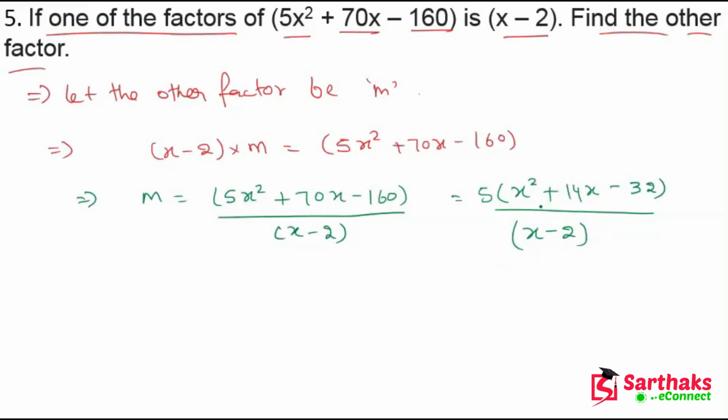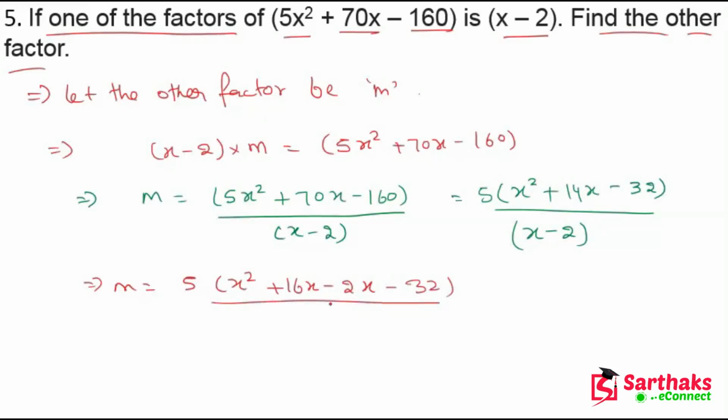Okay, now we are going to find the factors of this expression. So m is equal to, we can split the middle term as, listen to me very carefully, 16x minus 2x. We can split this, because if we solve this we get 14x, and if we multiply 16 into 2 we get 32.